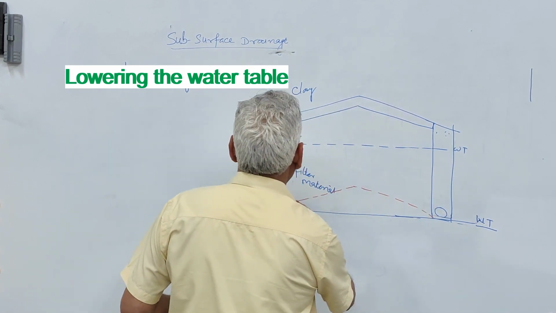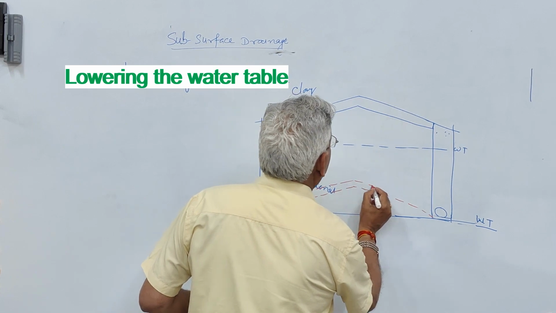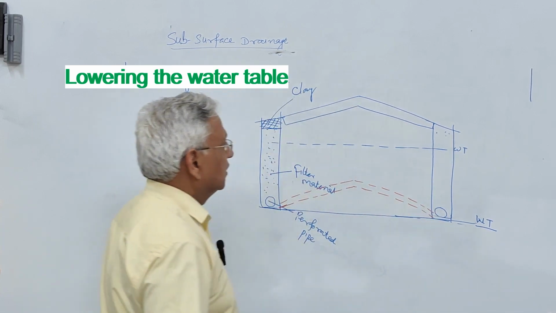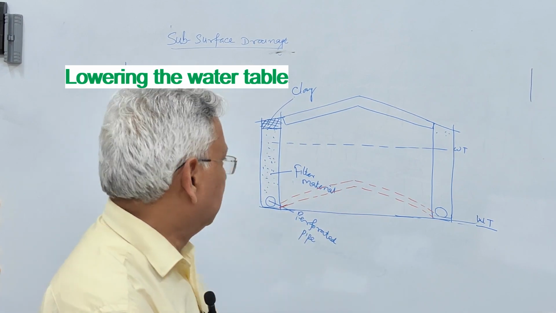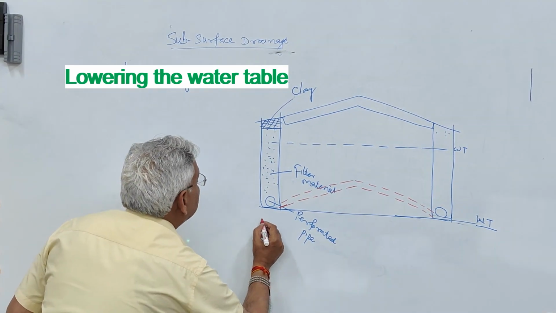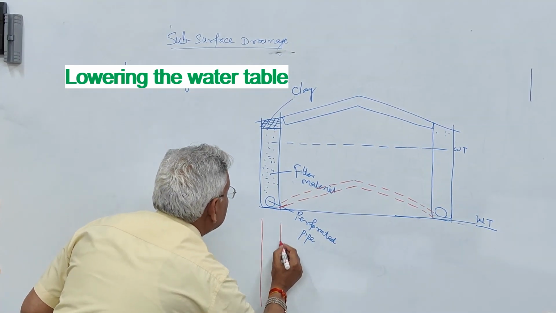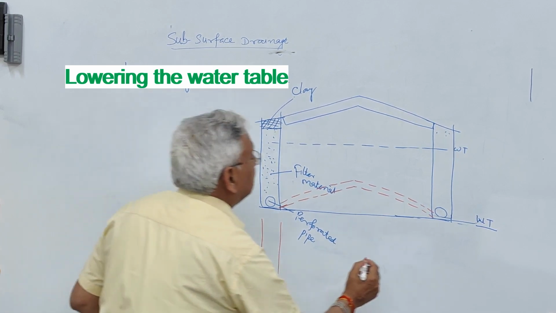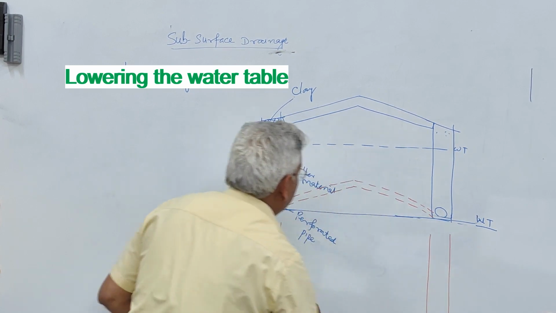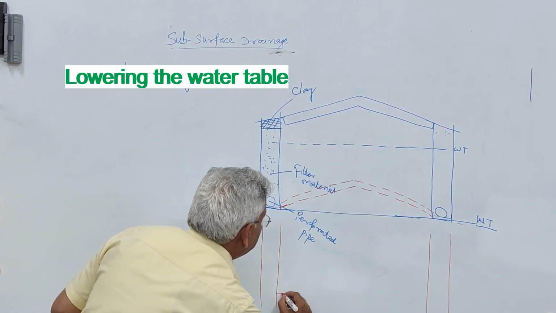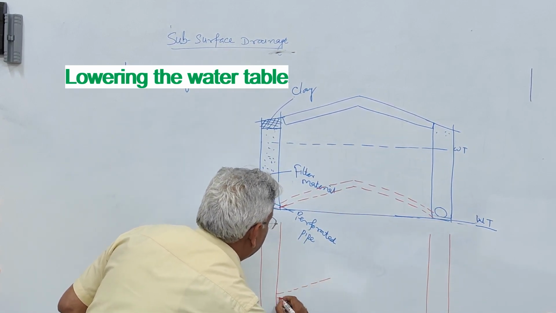We also provide the drains in the transverse direction below the pavement. The plan of this will be, this is the longitudinal drain, and here you provide the transverse drains.